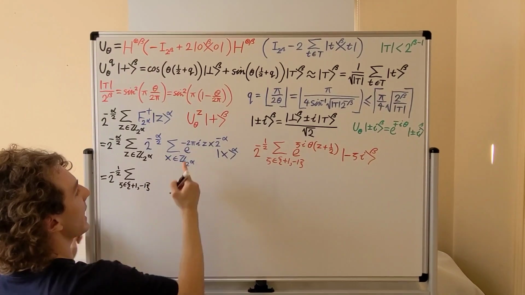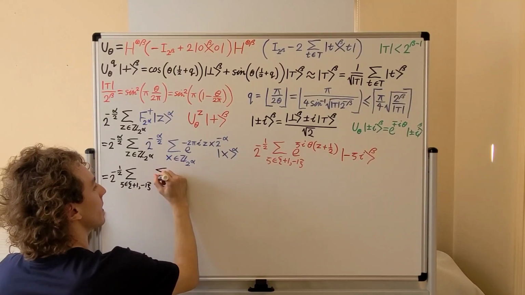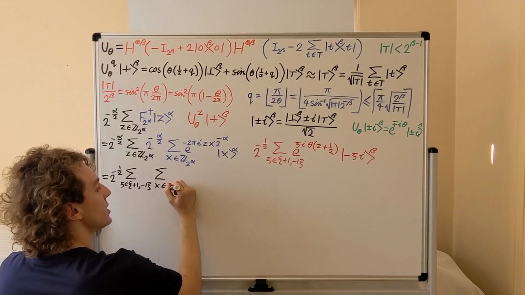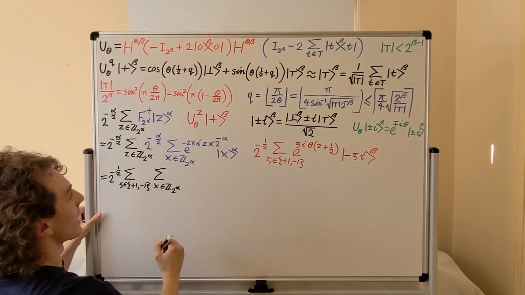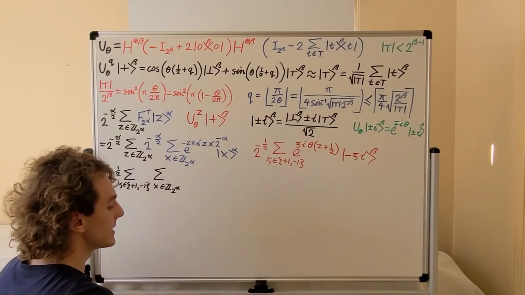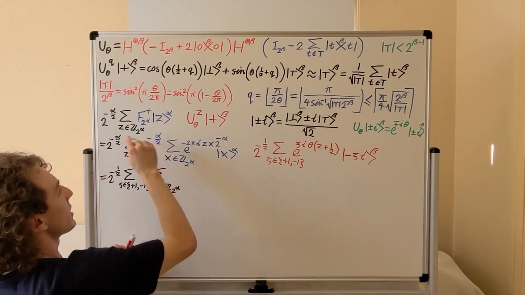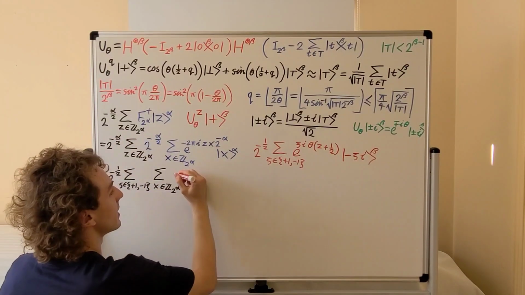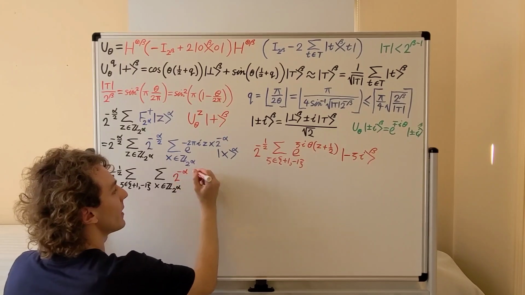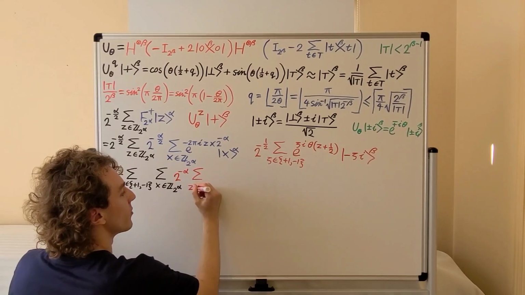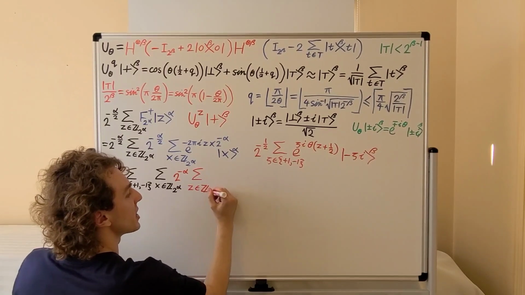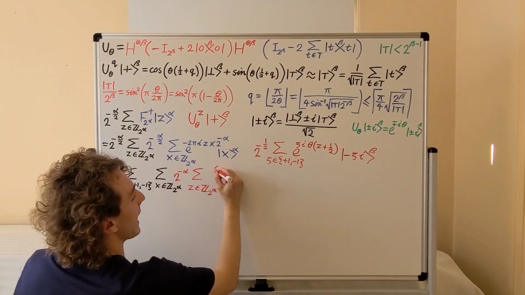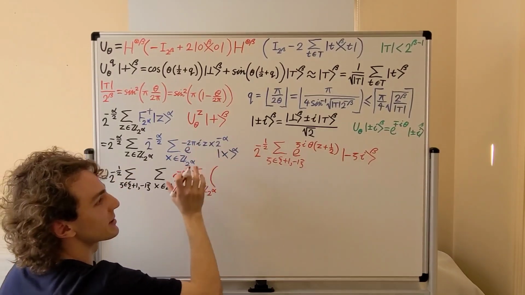And then we're going to have the sum over x, which ranges over the integers mod 2 to the alpha. And now we can consider a coefficient. So we can group these two normalization coefficients into 2 to the minus alpha, and then we'll have the sum over z ranging over the integers mod 2 to the alpha, and we can start to group these exponential terms together.